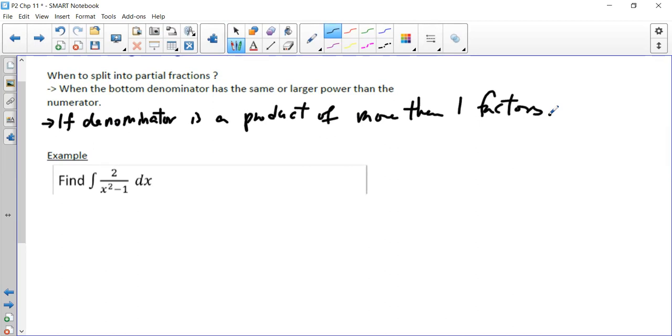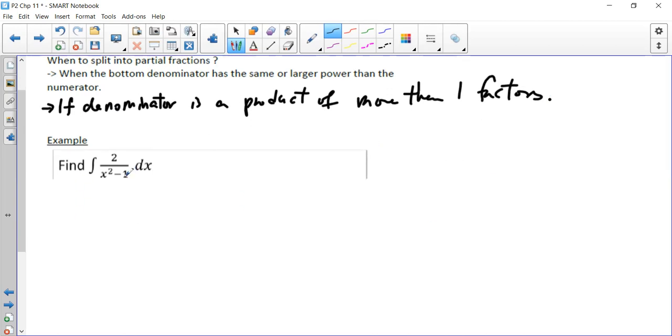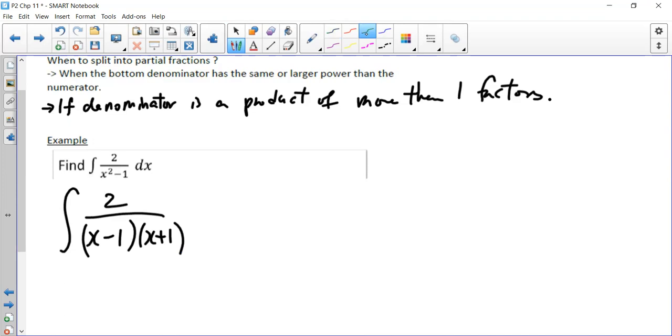For example, in this example, x squared minus 1, straight away you should notice this is a difference of two squares, x minus 1 times x plus 1. Then you can see this is a product of two factors, so we know we're splitting into partial fractions. That's a big cue for you.